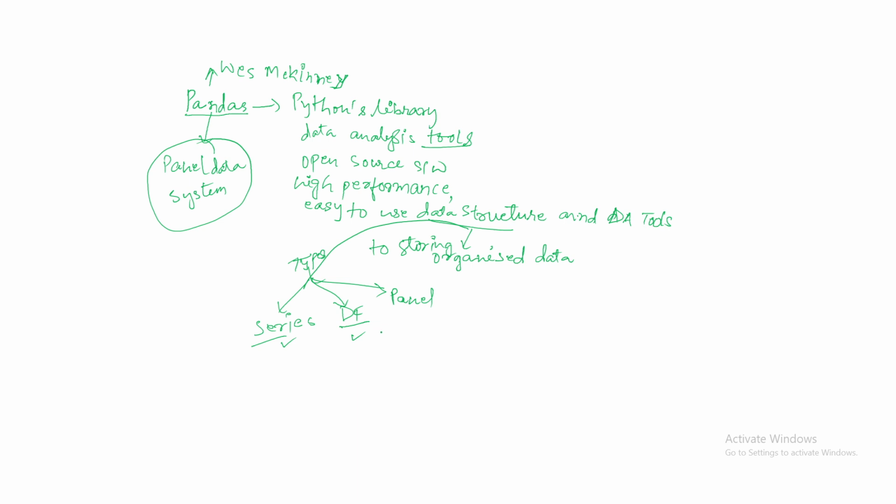Now tell me, what is a series? It is a 1D array. One D array means one dimensional array, which means only one column is available.